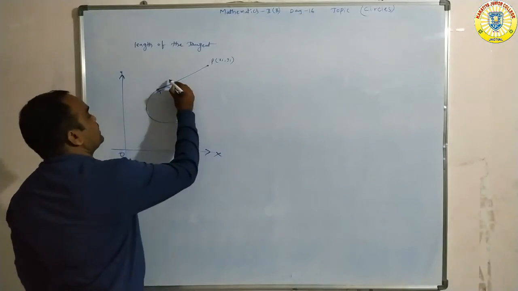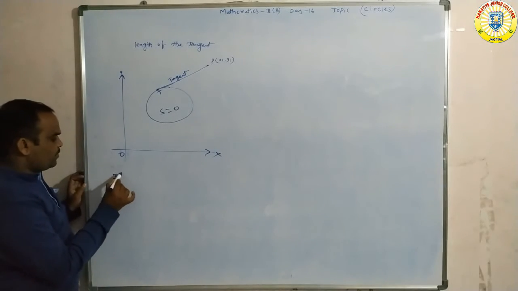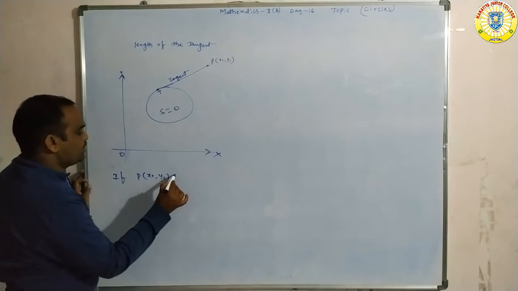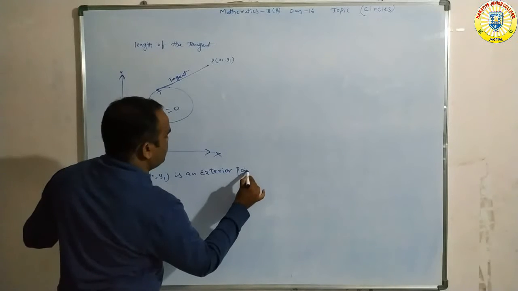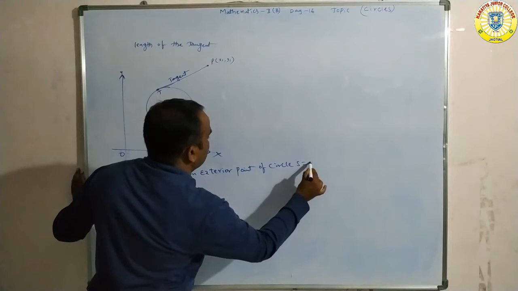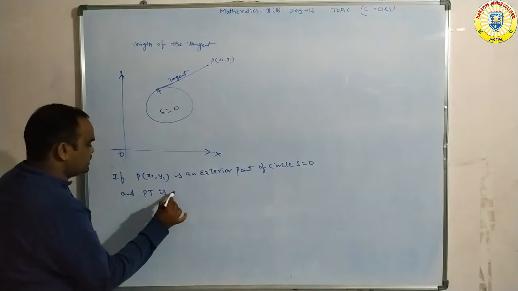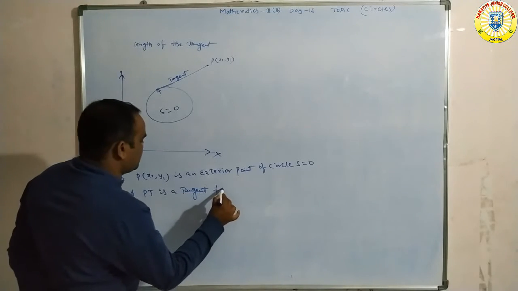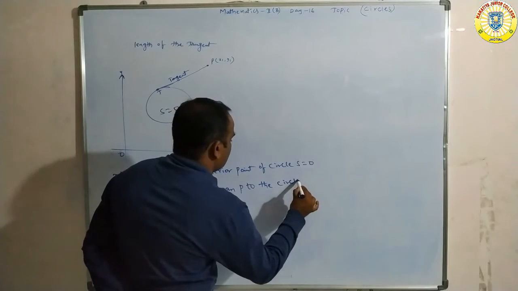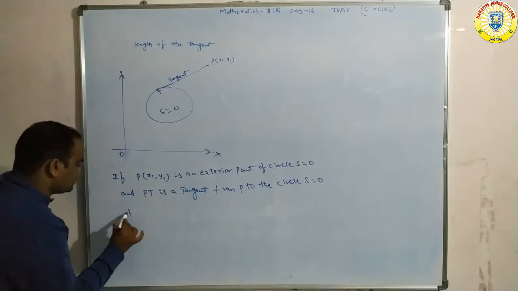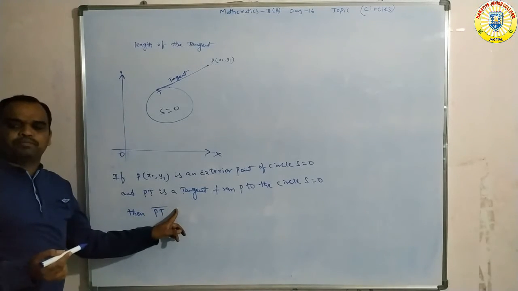Here we are writing: if P(x1, y1) is an exterior point of the circle S = 0, and PT is a tangent from P to the circle S = 0, then the line segment PT is called the length of the tangent from P to the circle S = 0.